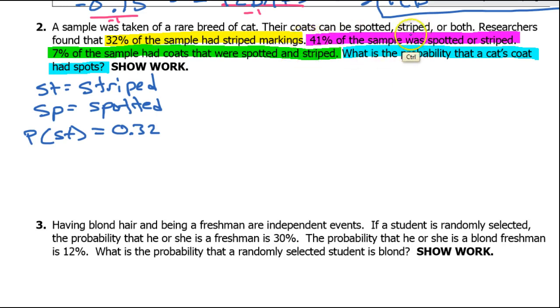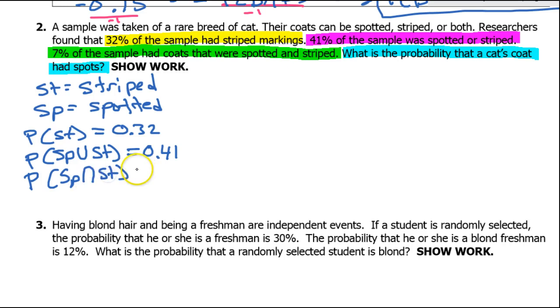All right, 41% is spotted or striped. So the probability of spotted or striped is equal to 41%, 0.41. 7% spotted and striped. So the probability of spotted and striped is 7%. Whoops, I should have said 0.07.